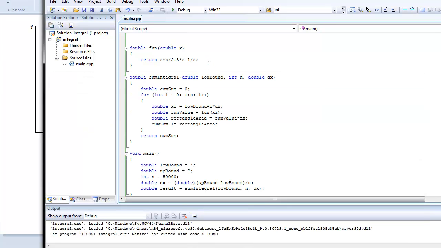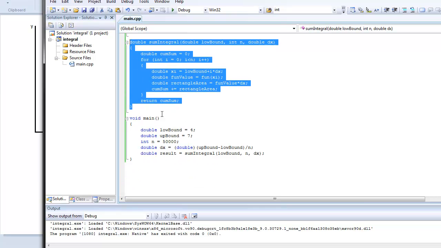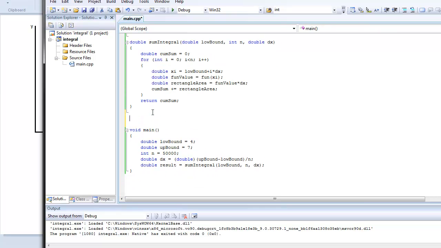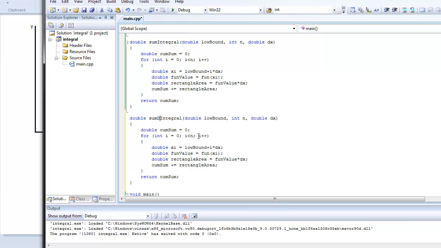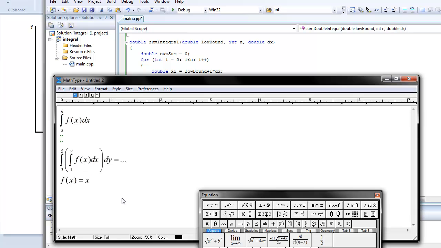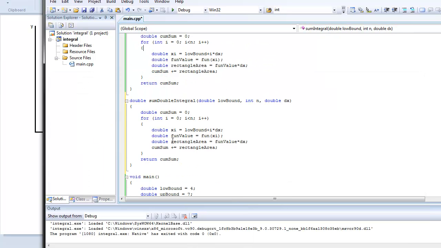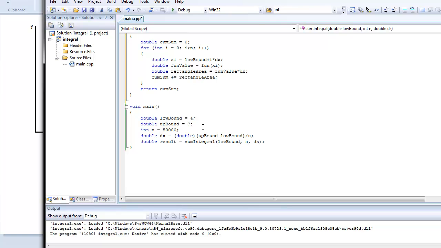So let me implement the code. I'll just copy this, and there will be some double integral. Also notice that in this example I have this bound given, the second bound is given, so I have to extend the code.